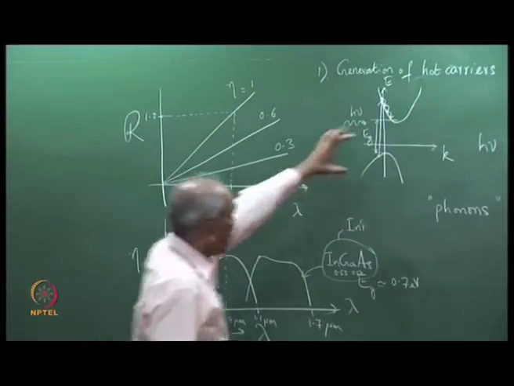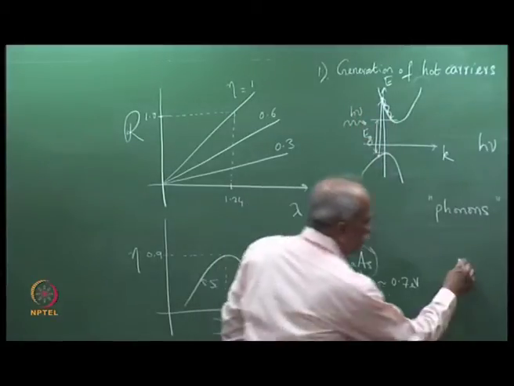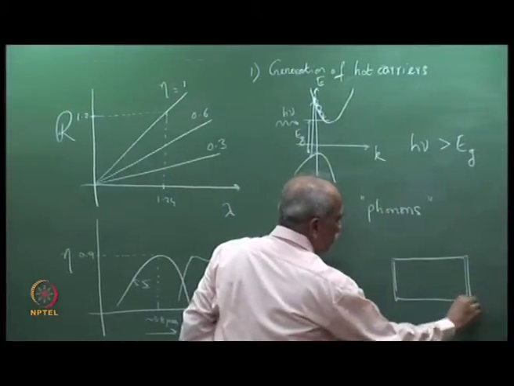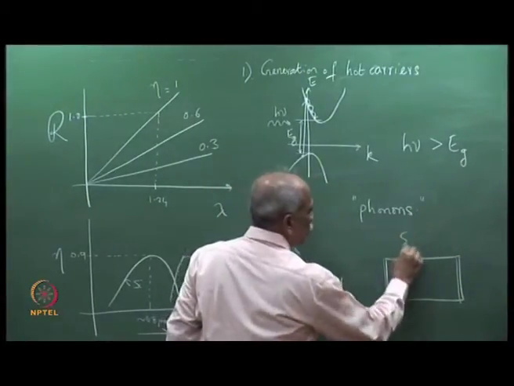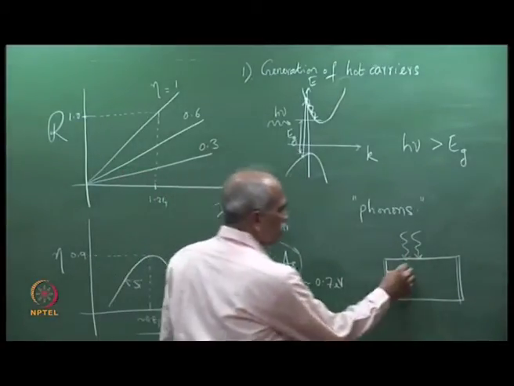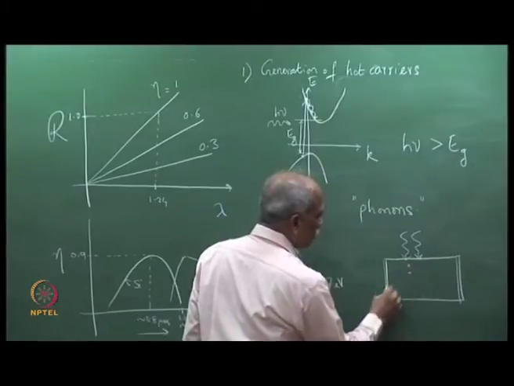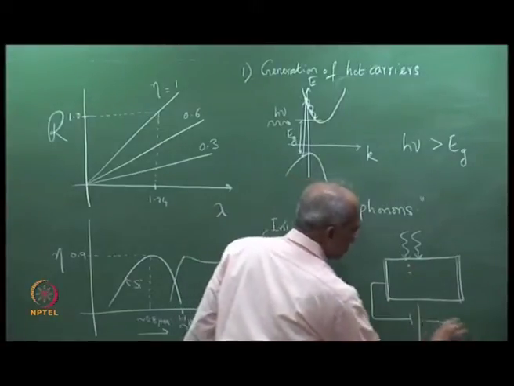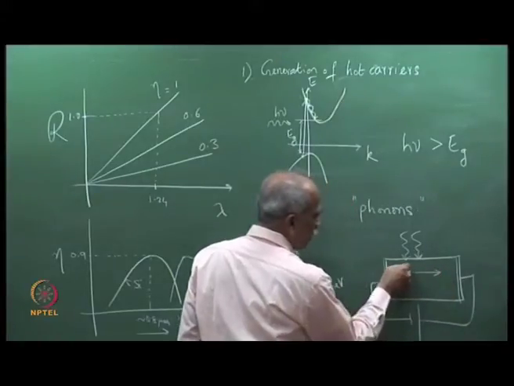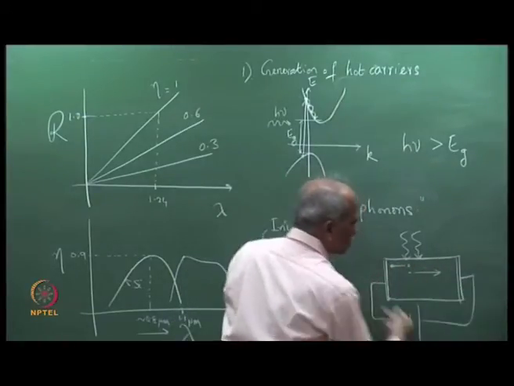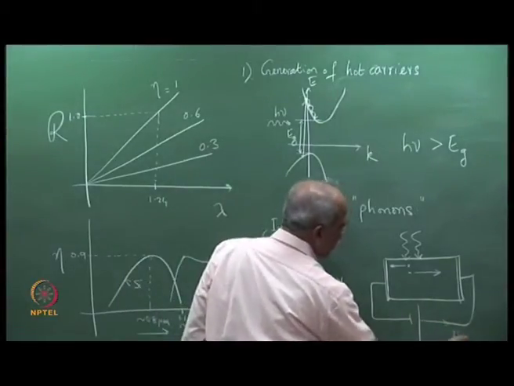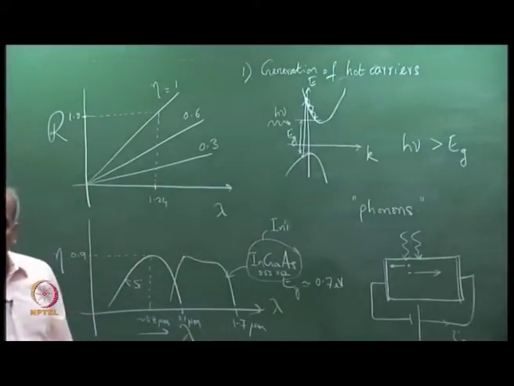Please recall we are discussing a photodetector here, a material on which photons are incident, and it is generating electron hole pairs. If you apply a bias, then electrons will move in this direction, holes will move in this direction, and the carriers are collected, and this is what is responsible for the reverse photocurrent IP. There is a photocurrent in the circuit.